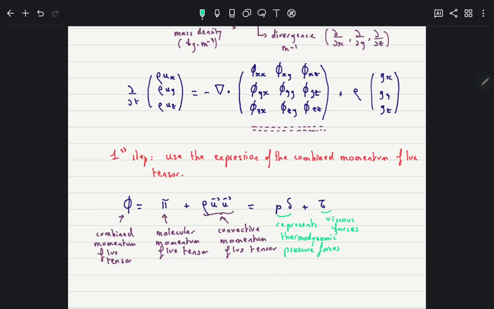And you've got to be a little bit careful with definitions. P here is pressure. As you know, pressure is a scalar. It's a scalar field. And delta here represents the Kronecker delta, in other words, just the identity tensor.